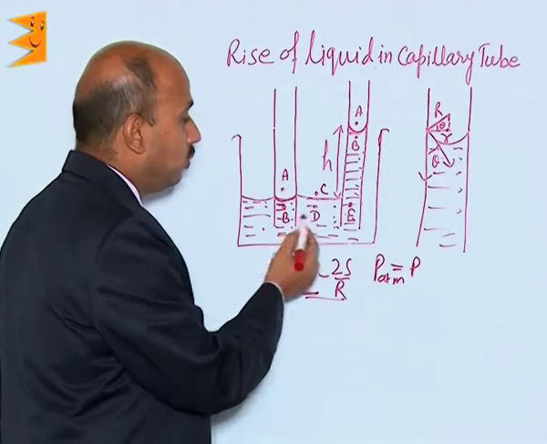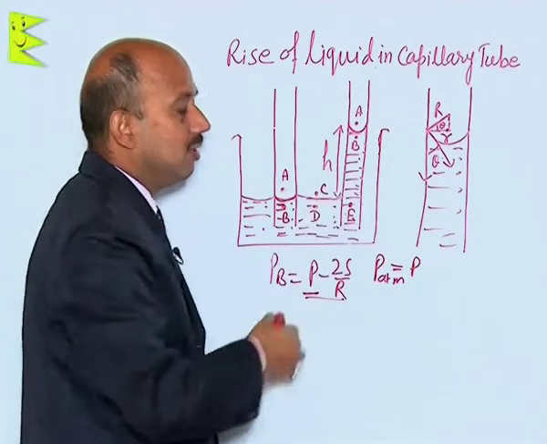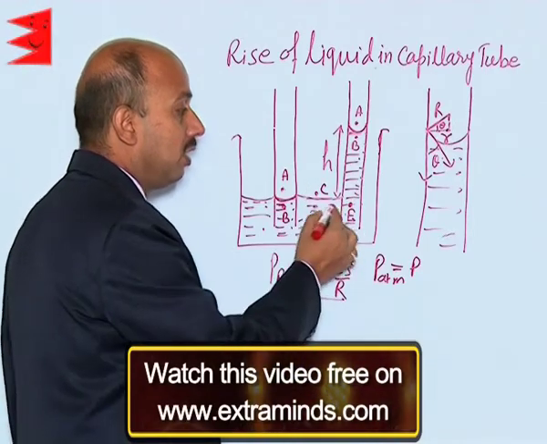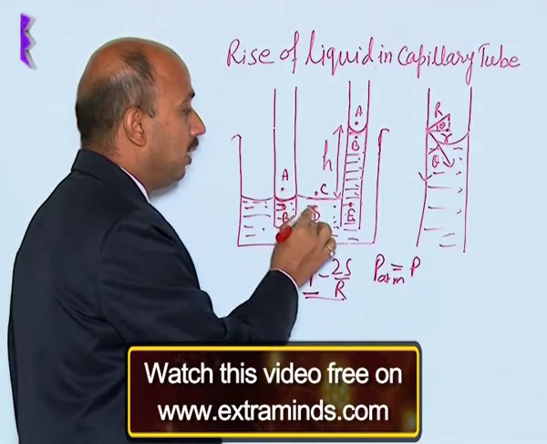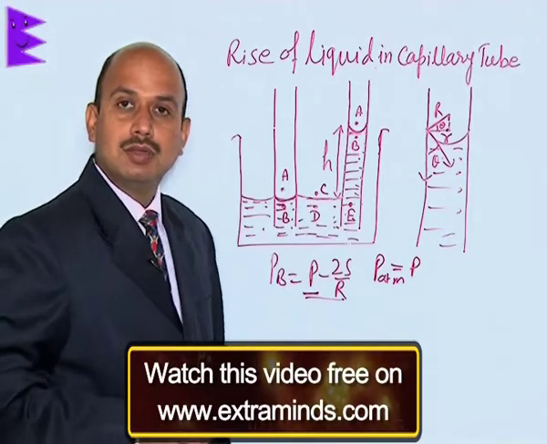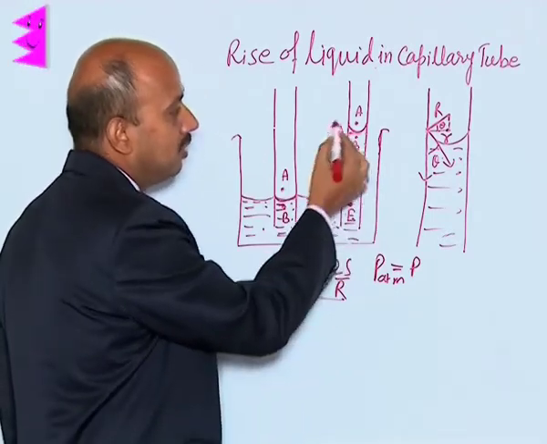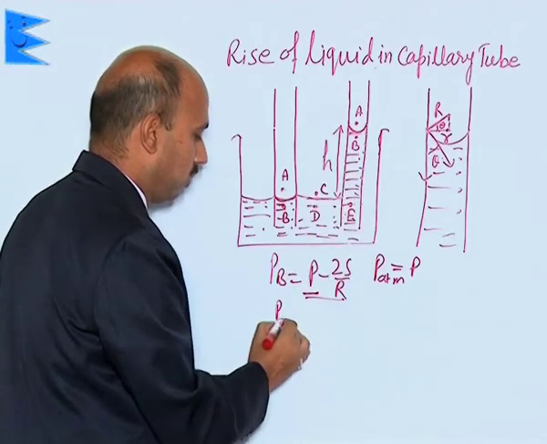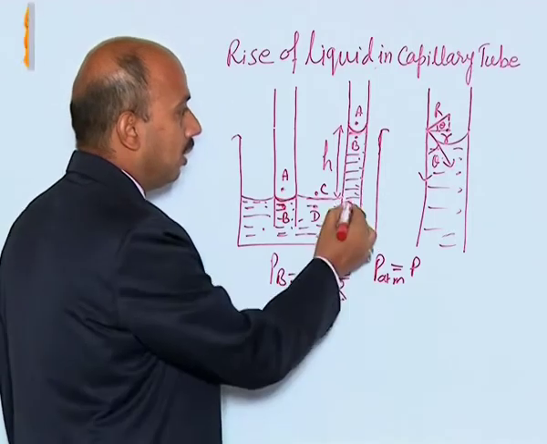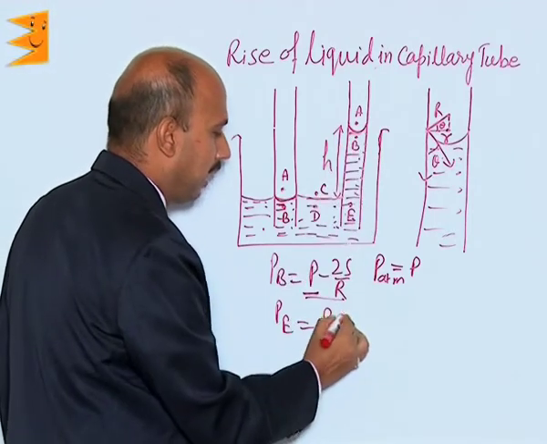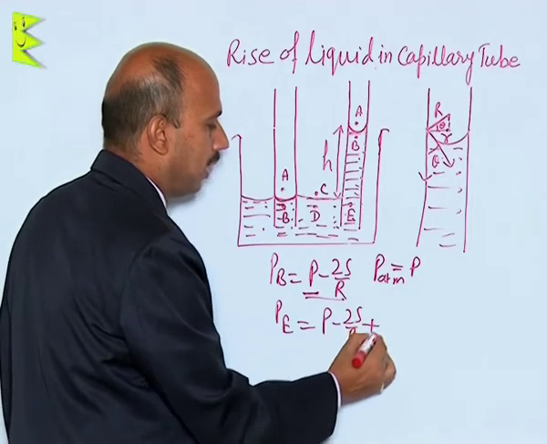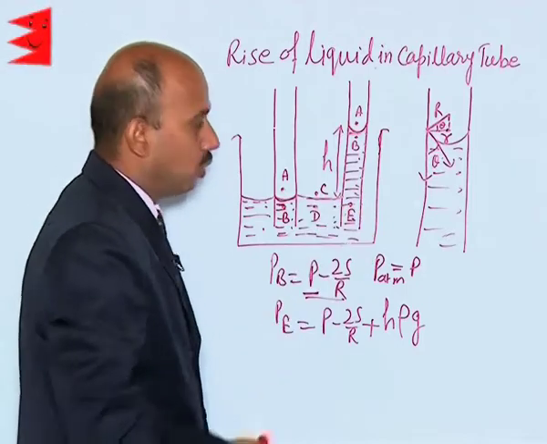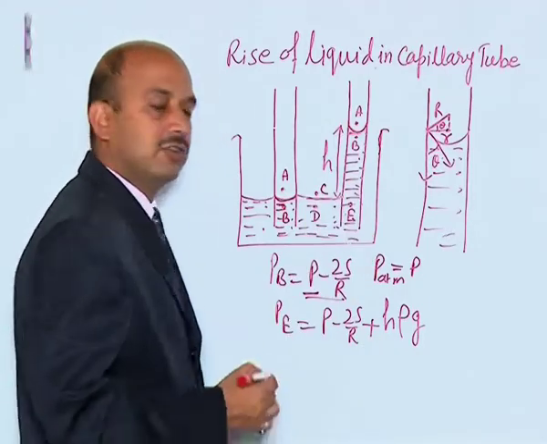Now due to this pressure difference, liquid rises in the tube to the height h, and it rises till the pressure at point E becomes equal to the pressure at D. So when the liquid rises in the tube through a height h, the pressure at E is equal to the pressure at B, that is P minus 2S upon R plus h rho g, because h is the height of the liquid, rho is the density of the liquid, and g is acceleration due to gravity.